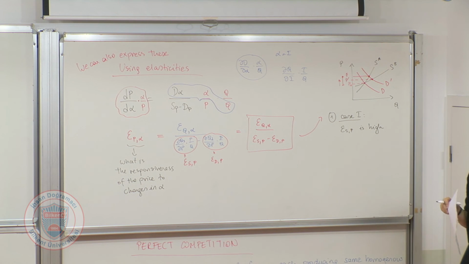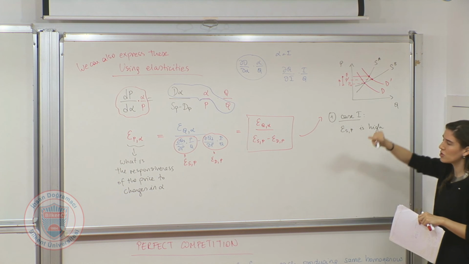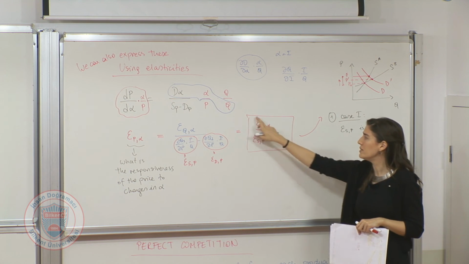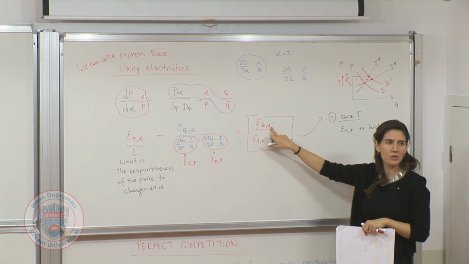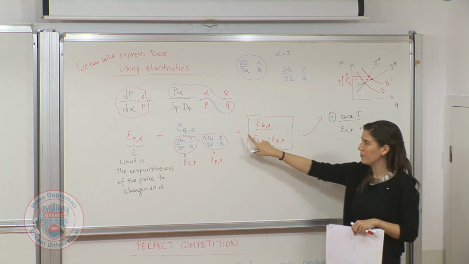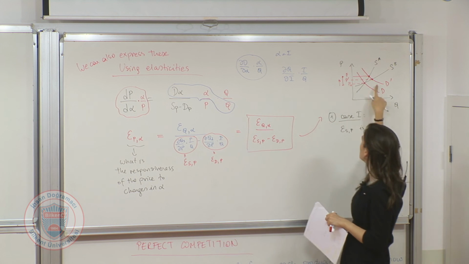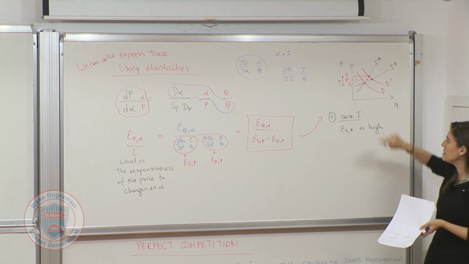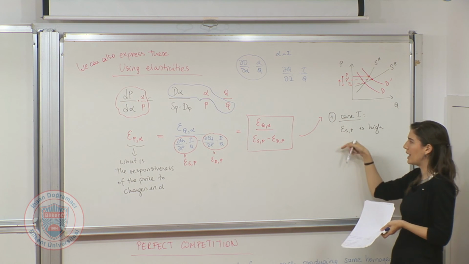Suppose incomes increase. So this is going to be the same, right? This is what we said: the elasticity of the demand curve with respect to income, because it's the same demand curve, is going to be the same in both cases, right?